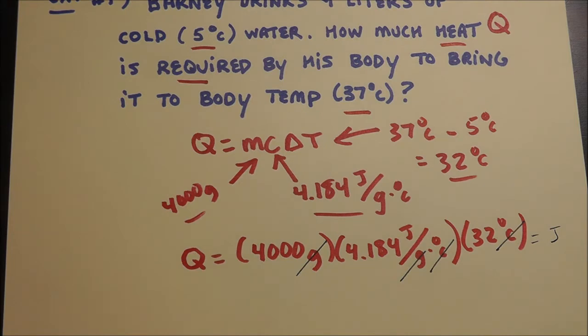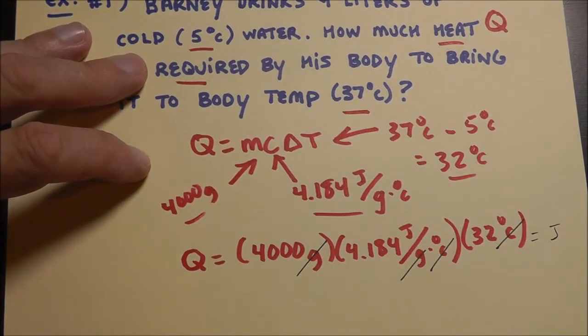So let's go crank it out. Okay, 4,000 times 4.184 times 32, and holy cannoli, that's a lot of joules. But let's convert it to calories.